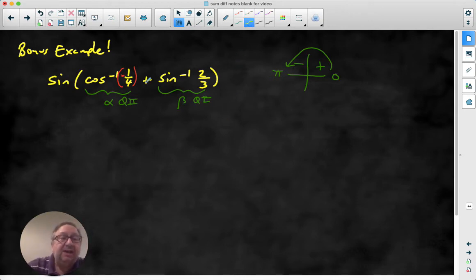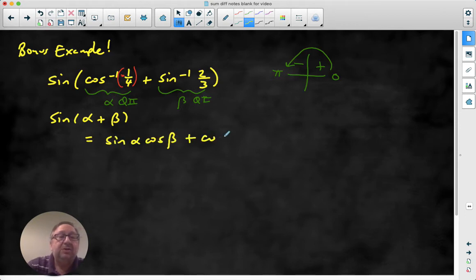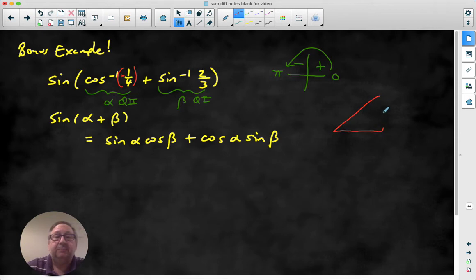Solution. Sine of, I'm going to rewrite this, is just alpha plus beta identified here. And the formula for that is the sine of the first, cosine of the second, plus cosine of the first, sine of the second. So this is what we need to do. And just like in the previous problems, we're going to make some triangles. So here's a triangle for alpha. Because what this tells me is the inverse cosine of negative 1/4. That's what we're calling alpha. That's the angle.